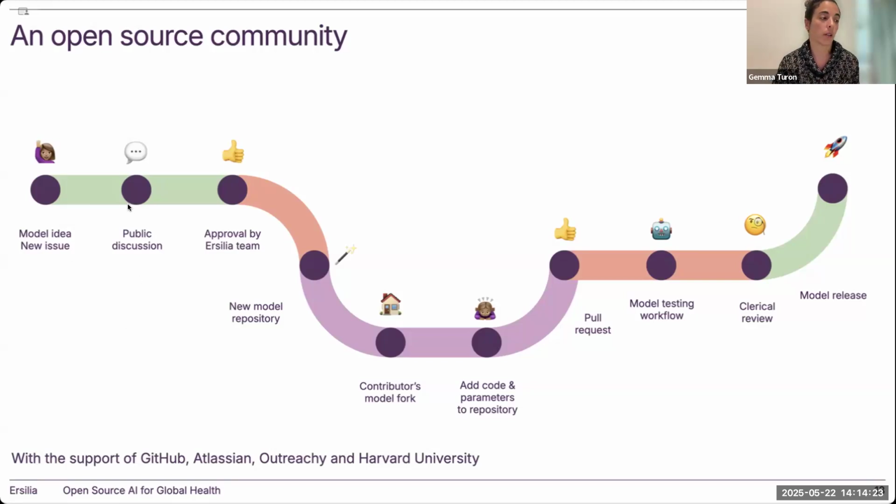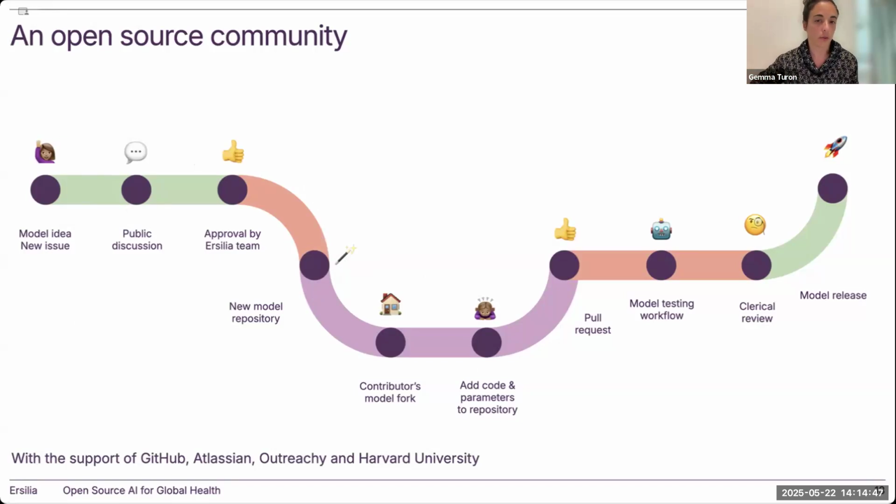We may discuss whether this model fits within the Ersilia Model Hub scope or whether the data is good enough, etc. Once it is approved, we start an automated pipeline that basically builds a new model repository, obtains some basic metadata for the model, and then allows the contributor to fork this repository and work on everything that is necessary. It's all templated, so it's quite easy to follow.